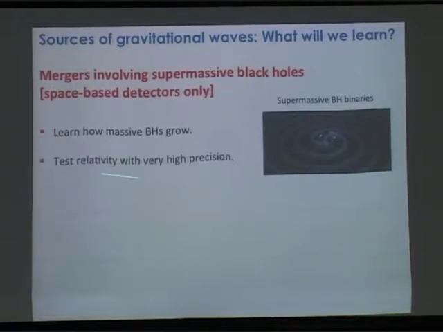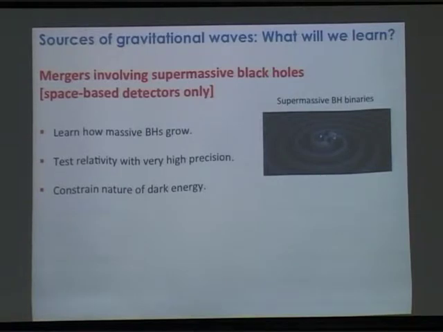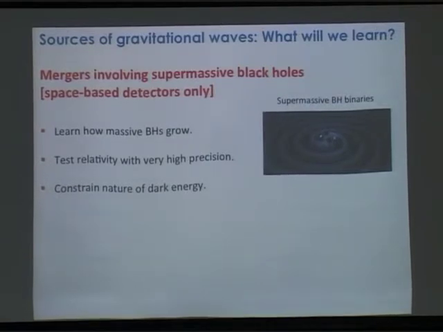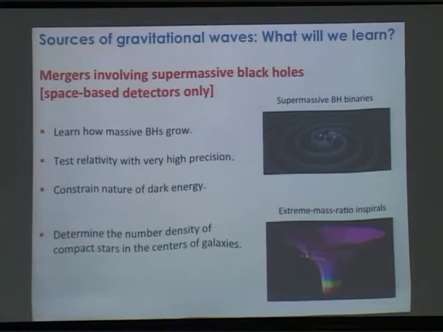These systems will also have very, very high signal-to-noise ratios, which will allow us to test general relativity with very high precision, much higher than we'll be able to do with the ground-based detectors. By measuring the distance to the sources very accurately and also by getting a redshift to the sources, we'll be able to put some sort of constraint on the nature of dark energy.